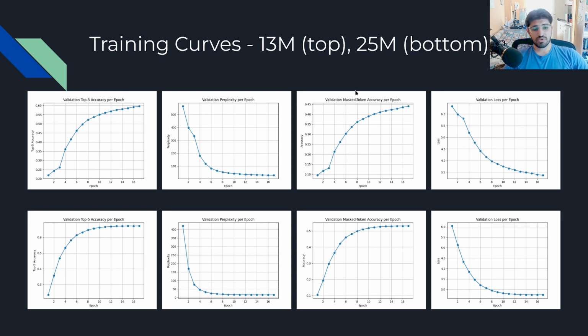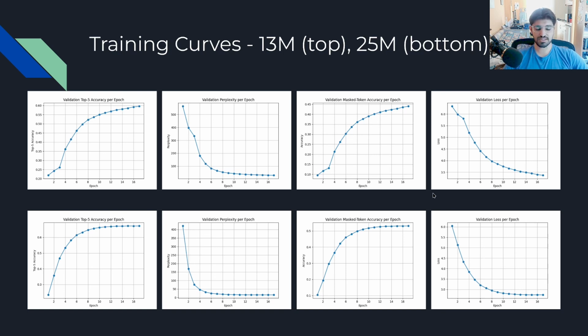The top 1 accuracy of the first model is less than 0.5, and of the second model is around 0.5. Terrible. Lastly, we can see that the loss hovers around 3% for the first one and 2.5% for the second one.